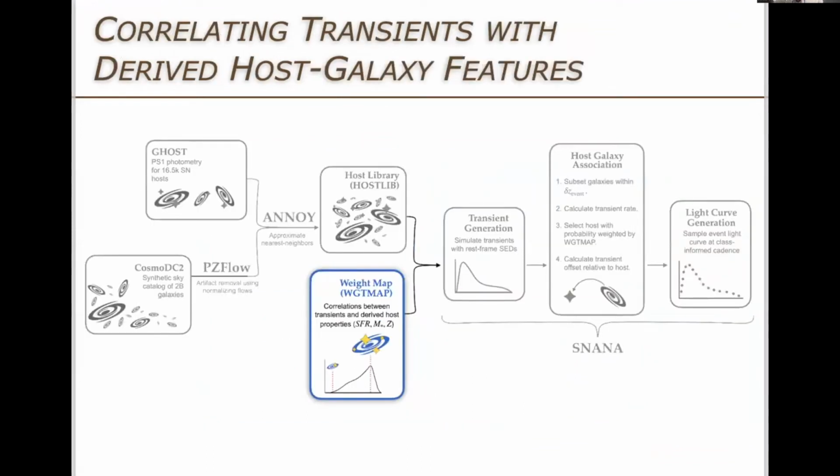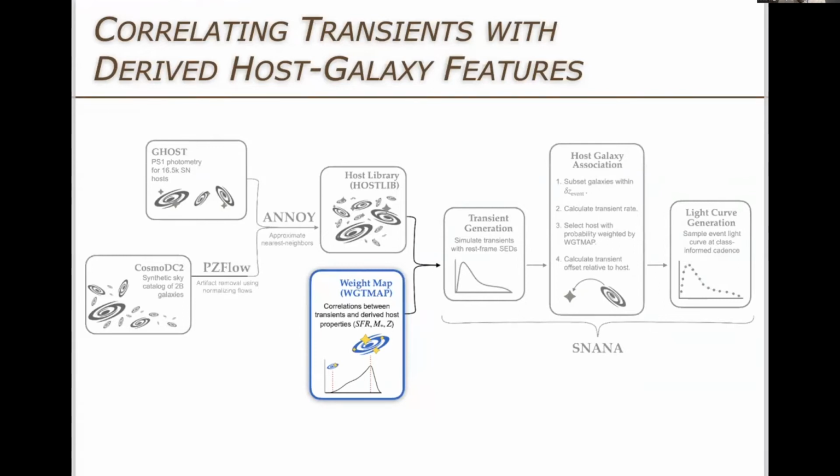The final piece in encoding host galaxy information in the Scotch catalog comes in the form of a weight map, a probability density function that weights the associations of transients in ELAsTiCC. For every transient event that's simulated, the code searches the host library for all candidate host galaxies within some redshift window. It then weights the association of host with transient by the properties specified in the weight map.